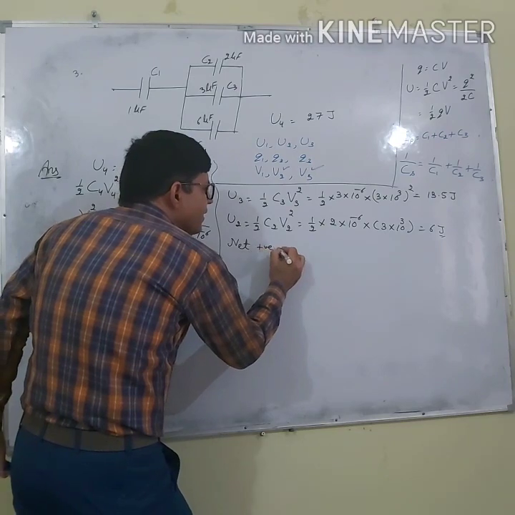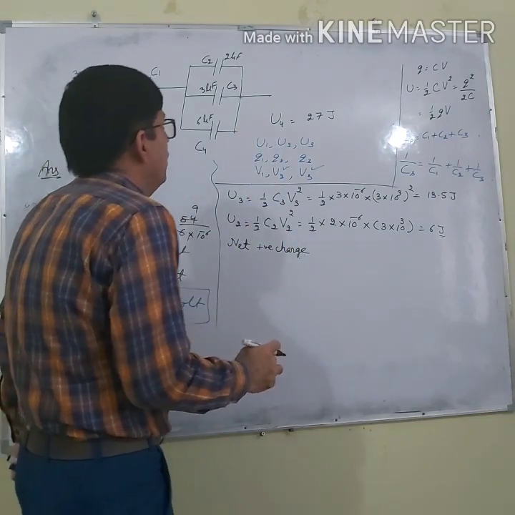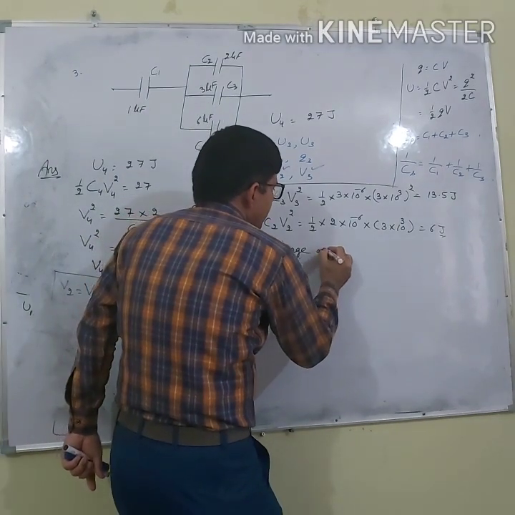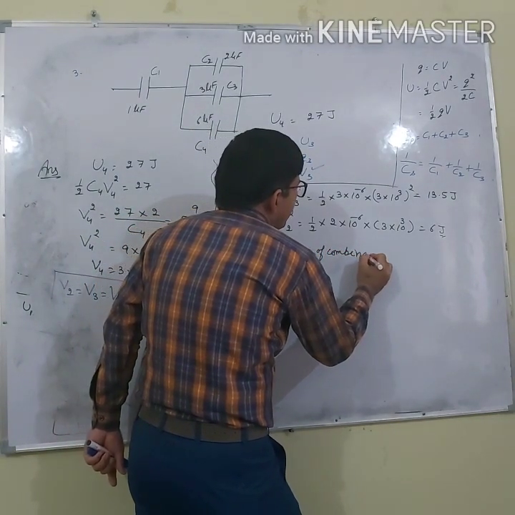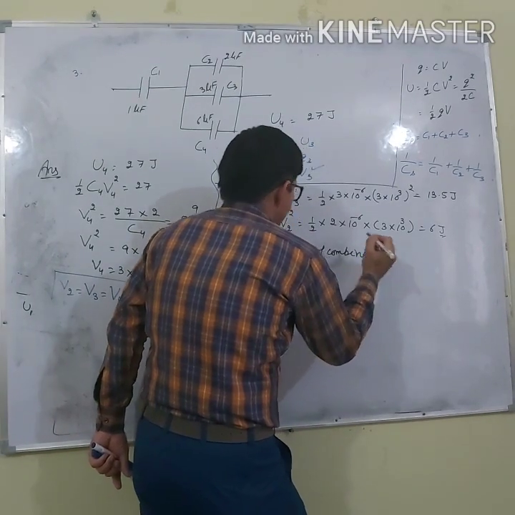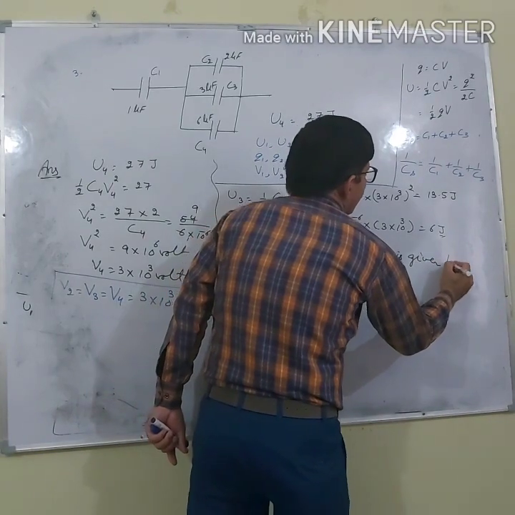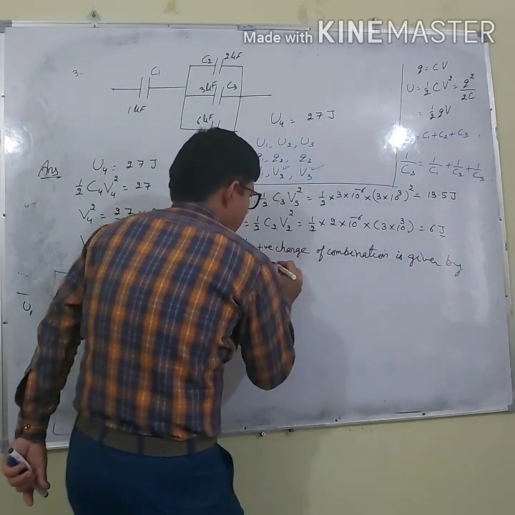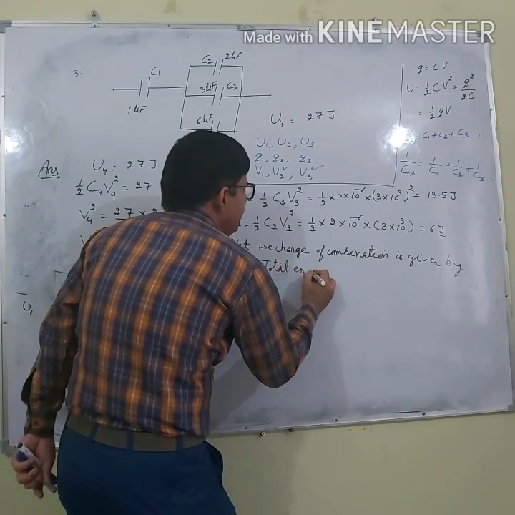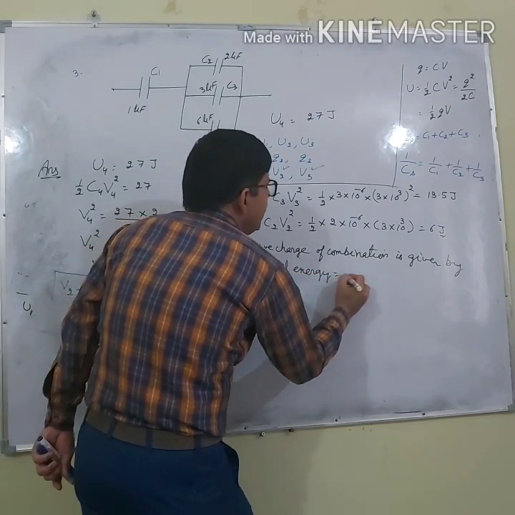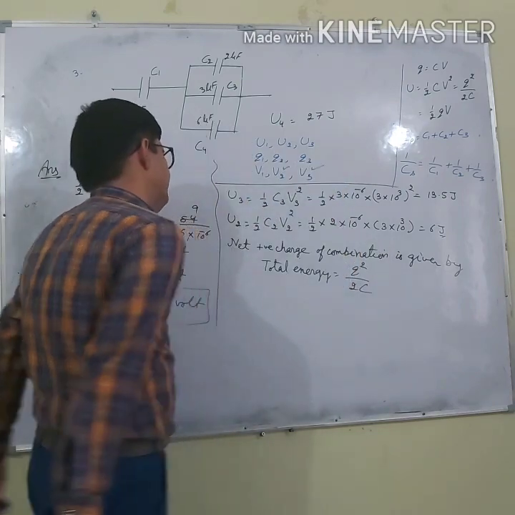So if I say net positive charge of combination is given by total energy, it equals Q square by 2C.